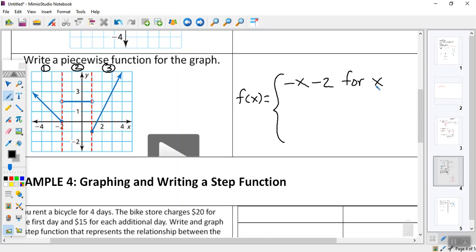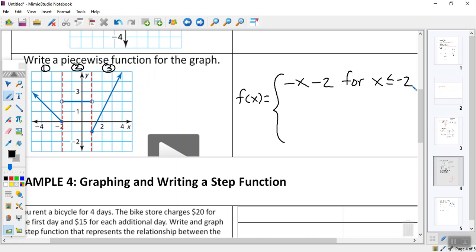So am I left of -2 or right of -2? Instead of less than or equal to 0, you want less than or equal to -2, right? Does everybody see this down here? This part of the graph, part 1, is graphed to the left of what value? So all x values less than or equal to what?